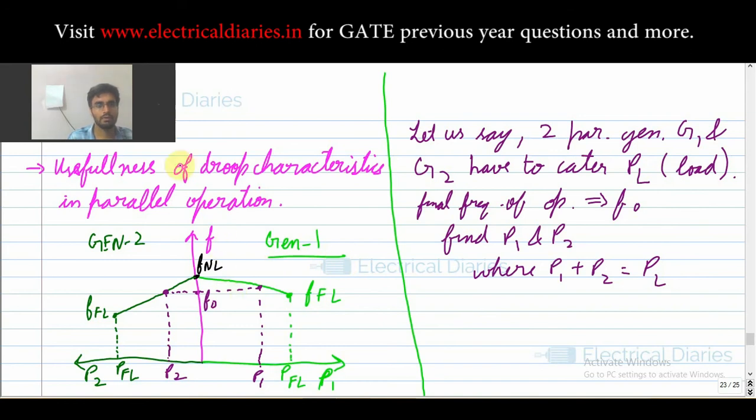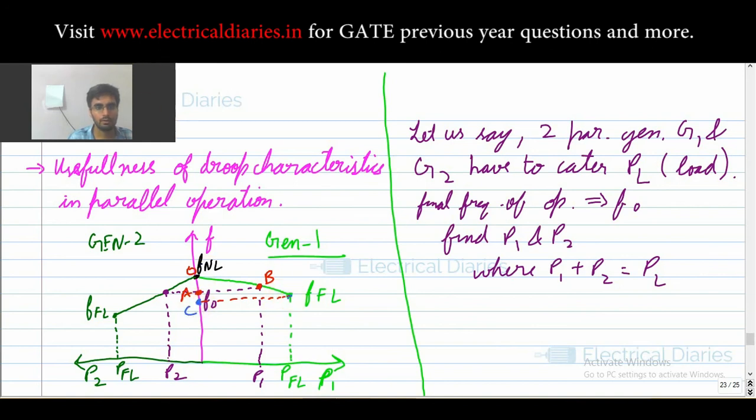Let me take generator 1. Let me mark the triangle: O, A, B.